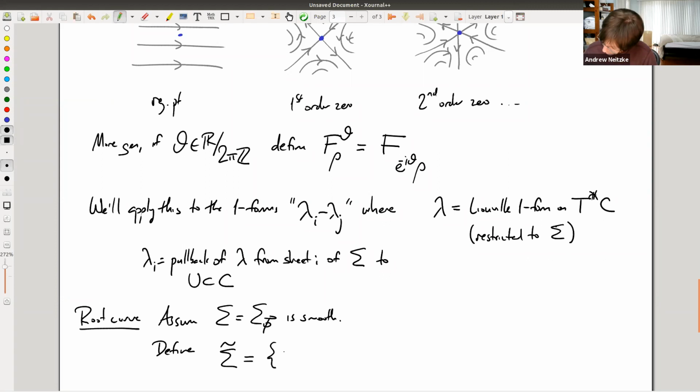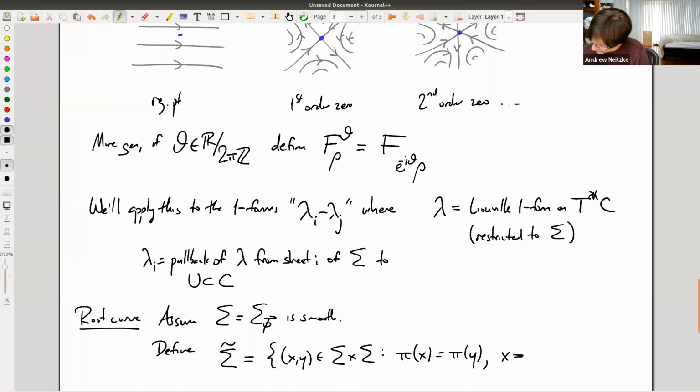It's going to be all the points in sigma cross sigma where their image under the projection is the same. So it's like the fiber product of sigma cross sigma, fiber product over the base C. So that's a fairly nice canonical thing.